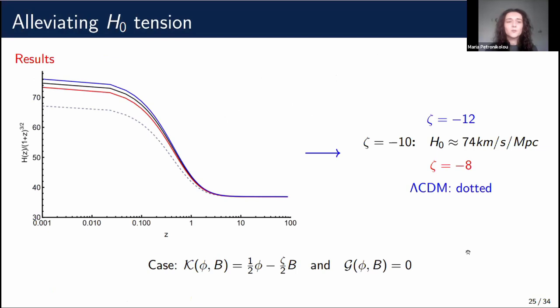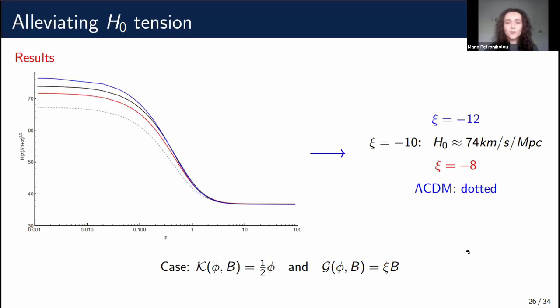With the blue dotted line, we see the ΛCDM model, and the other lines correspond to our model for several parameter choices we made. Specifically, for the parameter choice of -10, we get that the H-knot is close to 74 kilometers per second per megaparsec, which gives us the potential of the model to alleviate the H-knot tension.